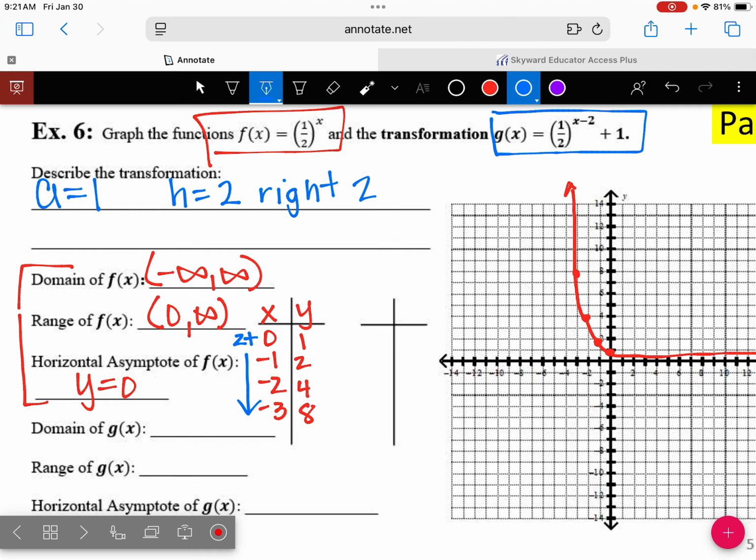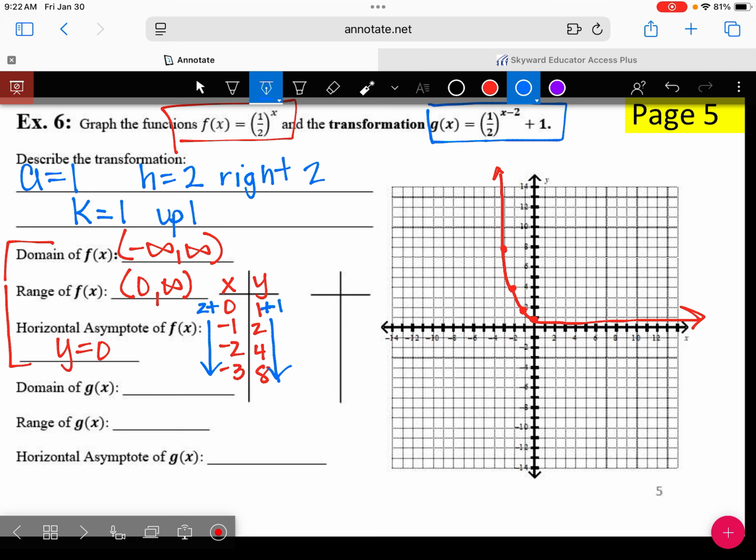So I'm adding 2 to all of these numbers. Now the MVP is k. K is +1, which is going to move our graph up 1. So I'm adding 1 to all of these numbers. Before I graph anything, I like to draw in my horizontal line where k is.